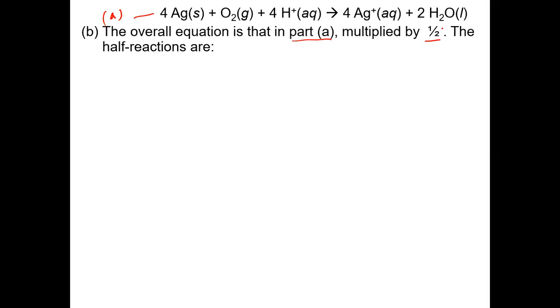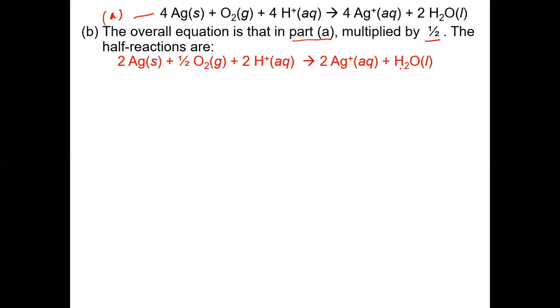You know how to multiply an equation by 1/2 or by 2 or some other number: you just multiply every coefficient by 1/2. So 4 multiplied by 1/2 becomes 2, 1 multiplied by 1/2 becomes 1/2, and so on.